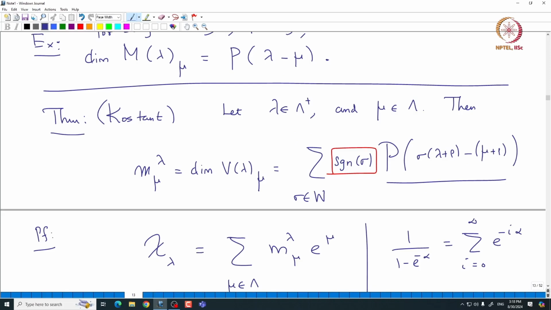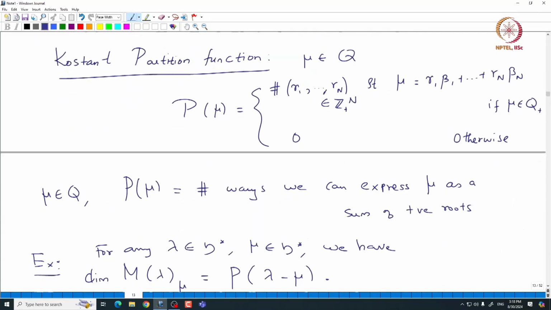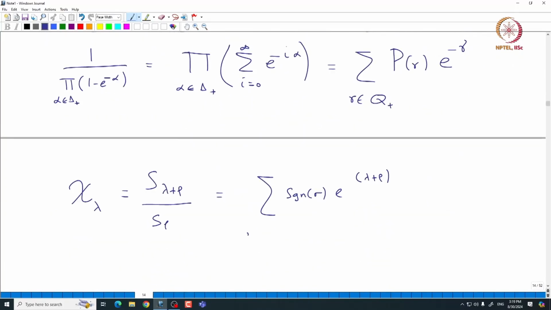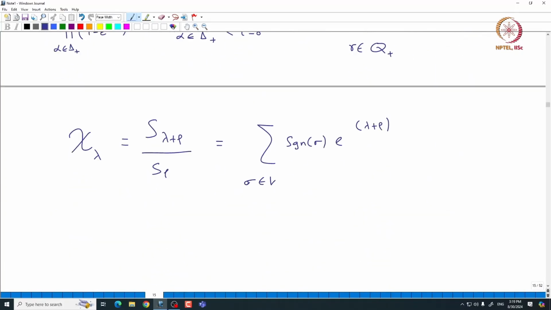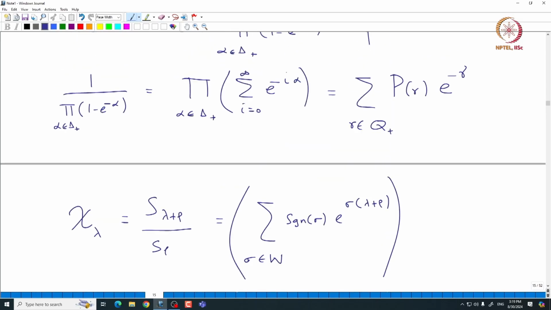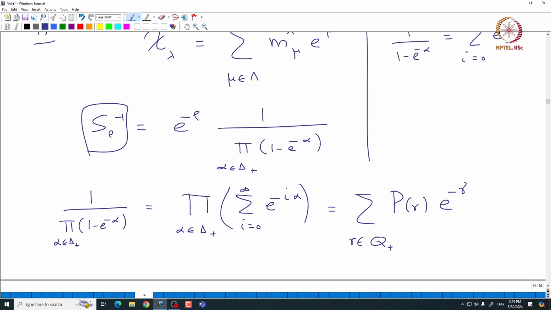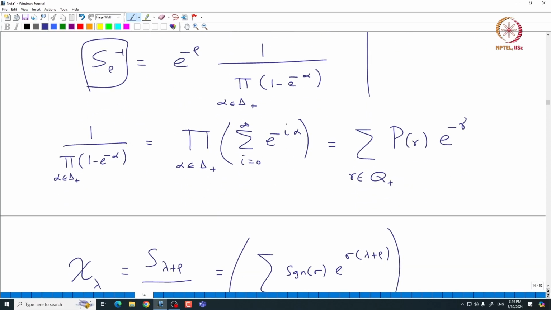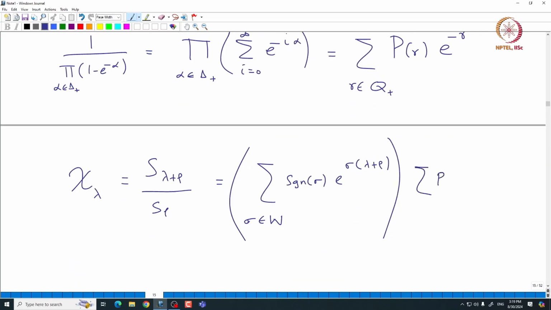So sigma in W, then that sigma should appear here. Then you can see that this summation over sigma in W of e power sigma of lambda plus rho is going to be exactly S lambda plus rho, times this S rho inverse, which is given by e power minus rho times 1 divided by the product of 1 minus e power minus alpha. Which gives you exactly the summation of P of gamma e power minus gamma plus rho, where gamma runs over Q plus.